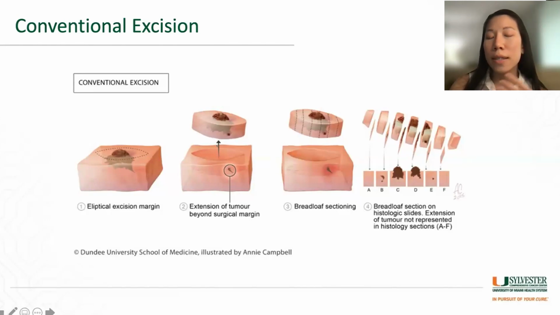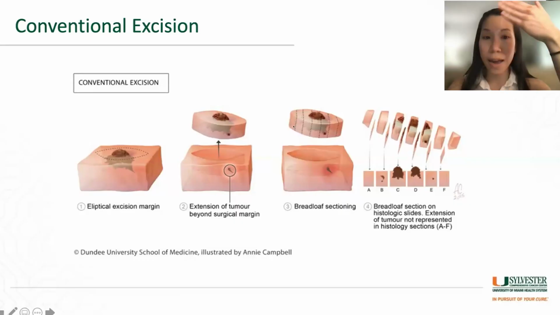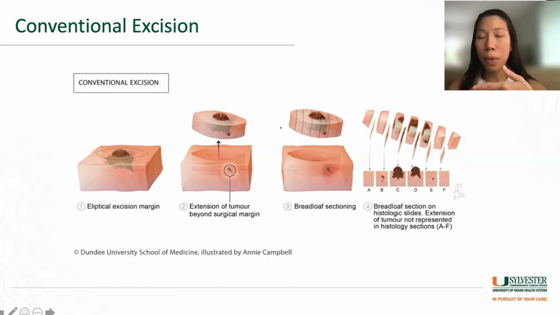When we take that specimen out, we send that typically to the outside lab. Here the lab processes it in a bread loaf section fashion, meaning we cut in a vertical way through the tissue, and typically you will get about 6 to 8 slides per specimen, depending on how big the piece is.